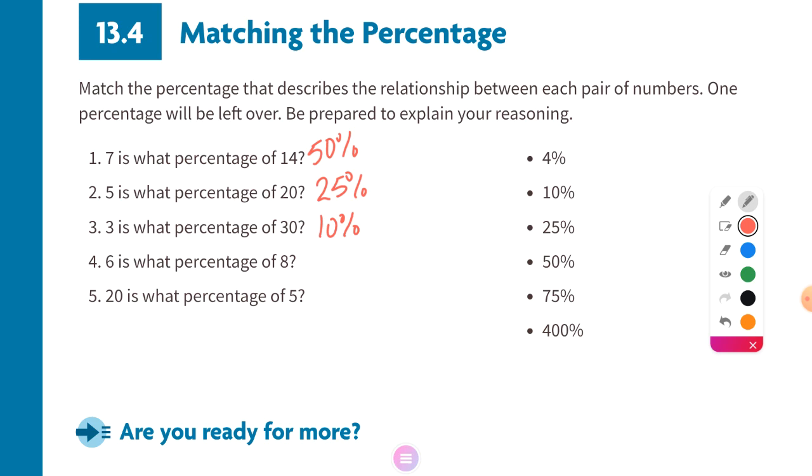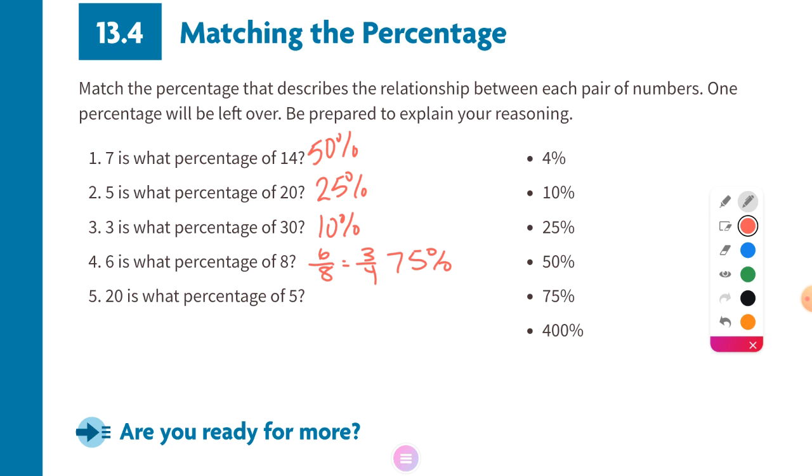So our whole is 8. What does 6 over 8 reduce to? 3/4. What percent represents 3/4? 75. Yeah, those are the ones that when it gives us the part and the whole, we struggle with the most, and we actually have the most experience with those. We just have to change our thought process a little bit.